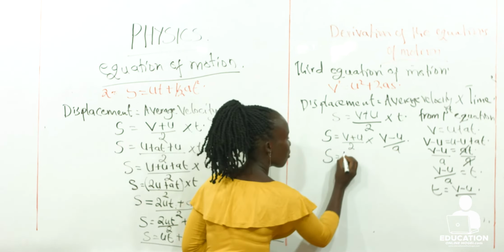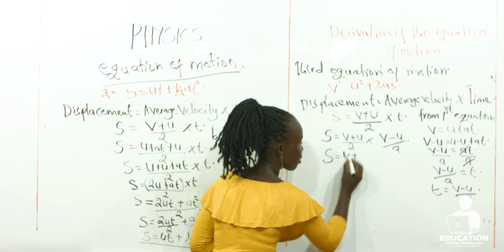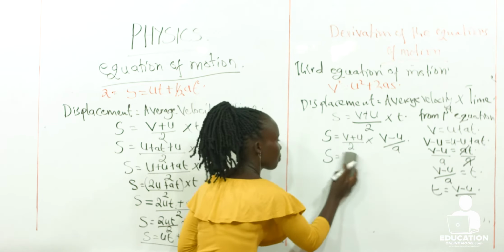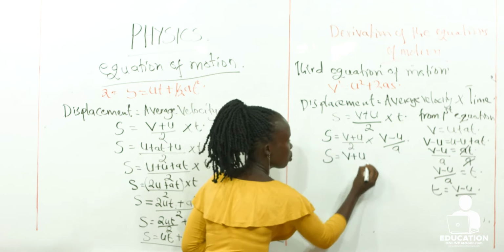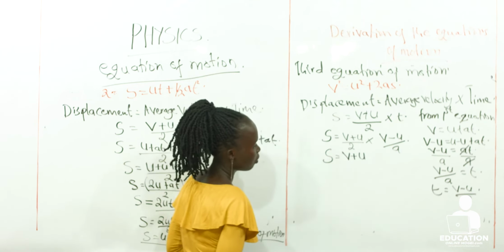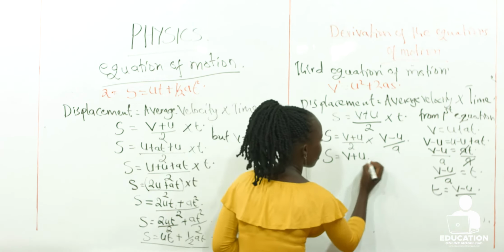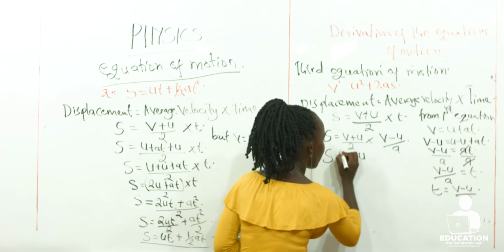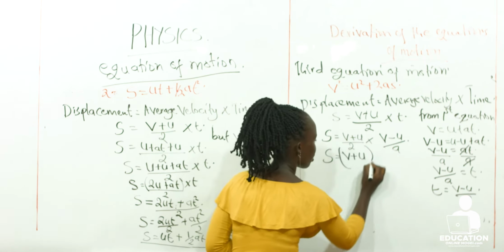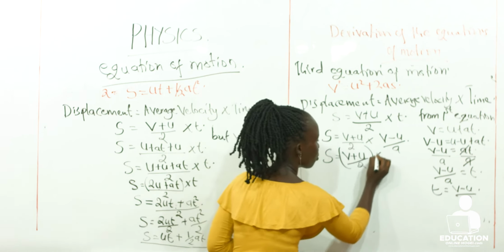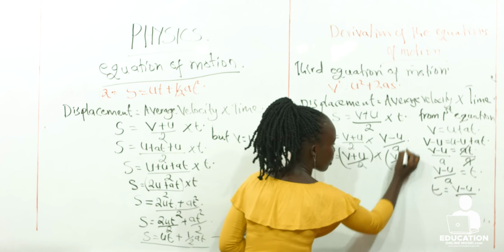So we shall have our v plus u. Then down here, let's keep this one in the bracket still, so that we can multiply it with that.